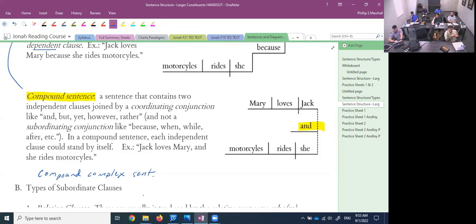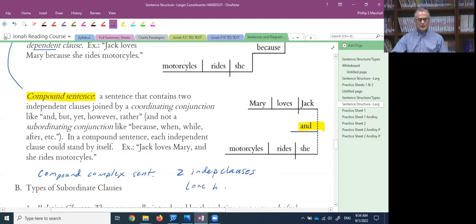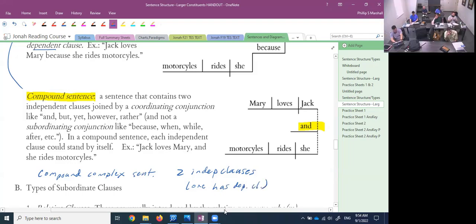A sentence with two independent clauses that are joined by a coordinating conjunction, where one of the two independent clauses has a dependent clause attached to it. Right. So the two independent clauses joined together as a compound sentence, but one has a dependent or an embedded clause. All right.